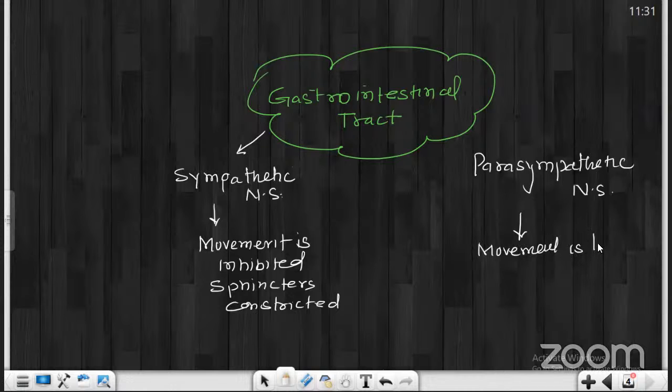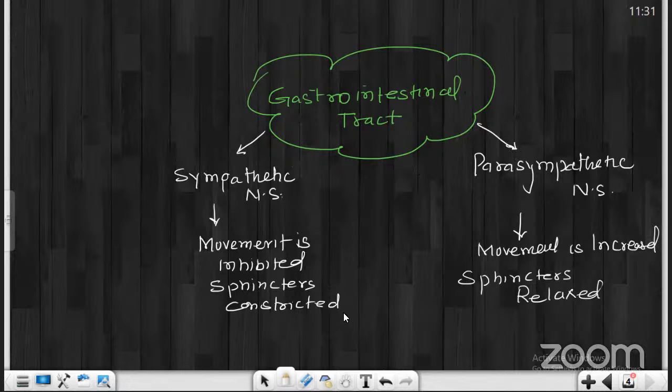And what about the sphincter? It gets relaxed. That is a major cause. Sphincter is relaxed. Right. Now moving to the next part, gallbladder.